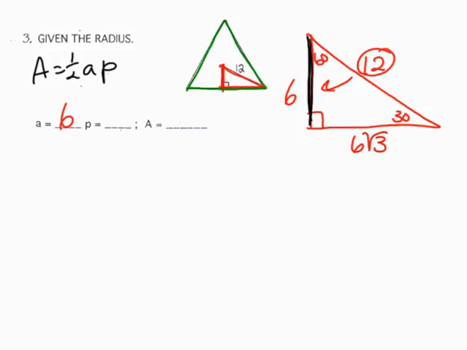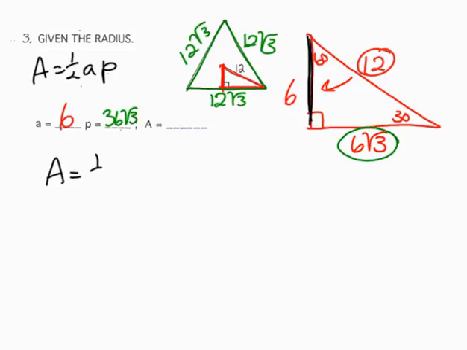So now I'm going to take this 6 radical 3 and double it, because it's going to fit alongside it 2 times, so to get that full side. So that side is going to be 12 radical 3. And so is this one. And this one. So now we have 36 radical 3 is the perimeter. 36 radical 3. Plug it in.